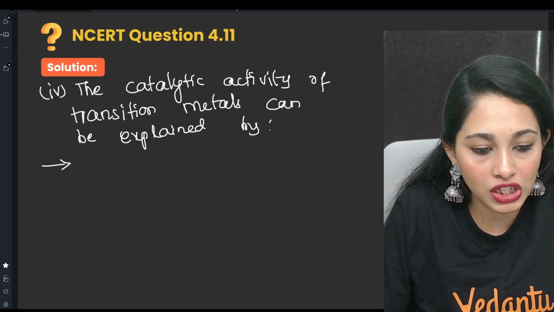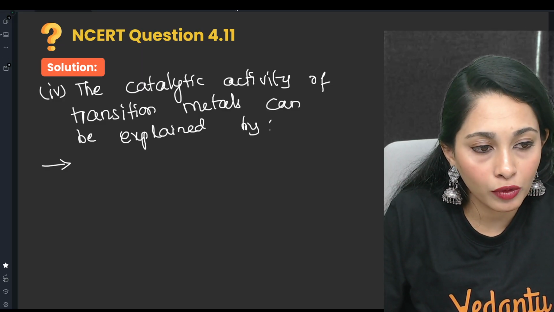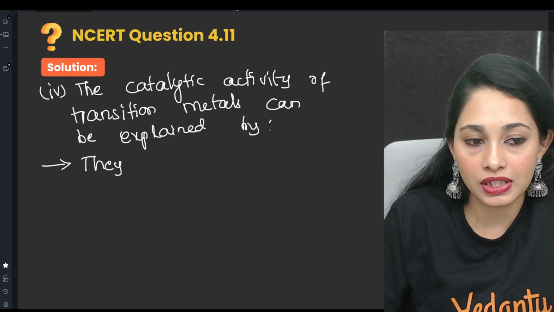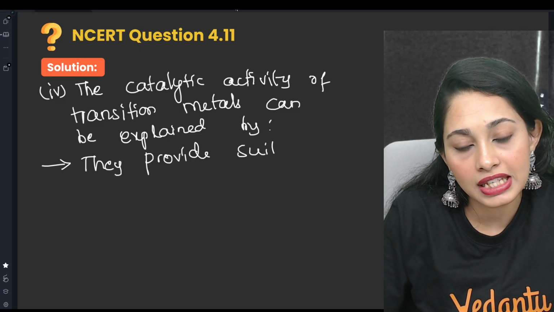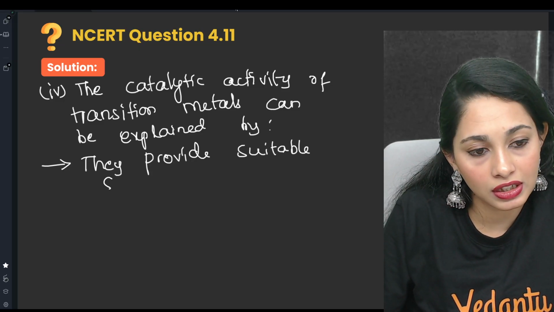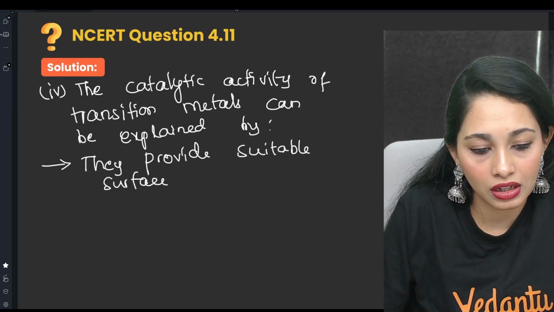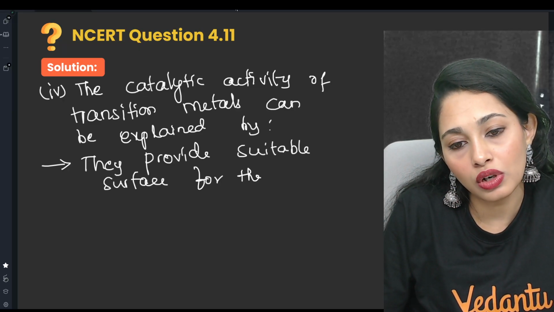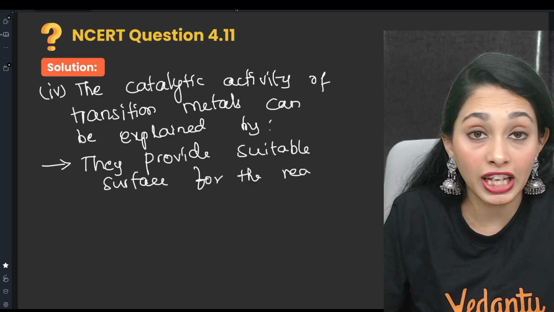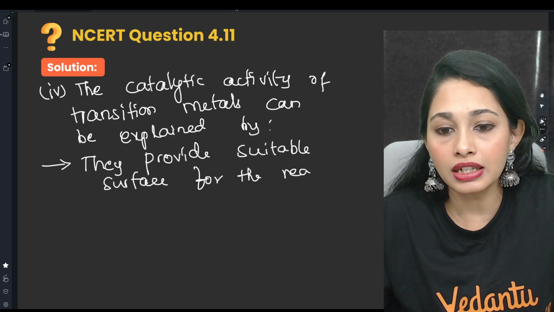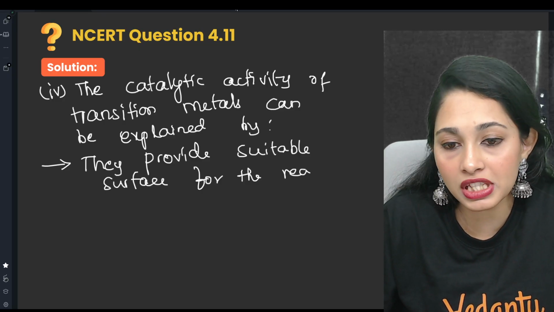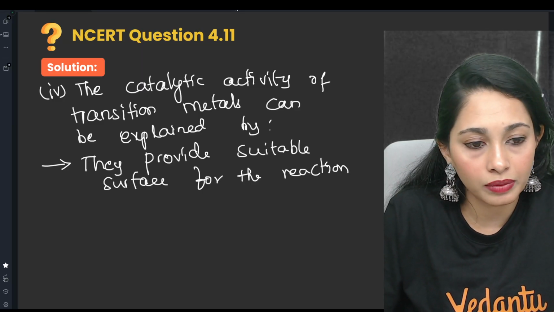First, transition metals provide a suitable surface for the reactions to occur. They only accelerate or decelerate the rate of the reaction.